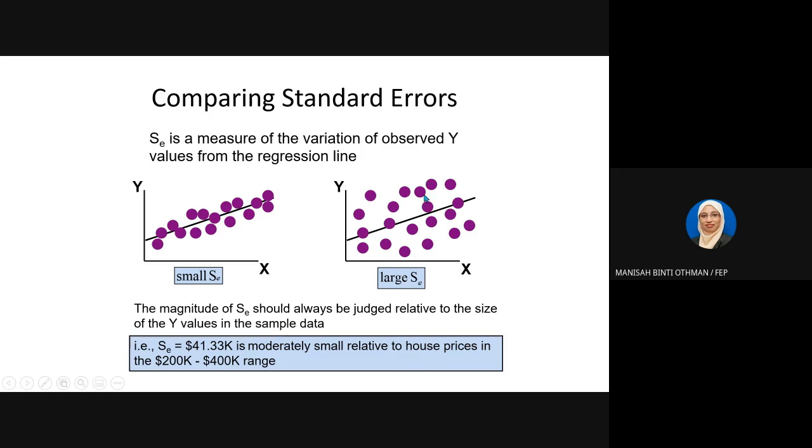It should be consistent. There is a consistency between the R squared and SE. If you get a very low R squared or R value, then you should expect that the variation is quite high.